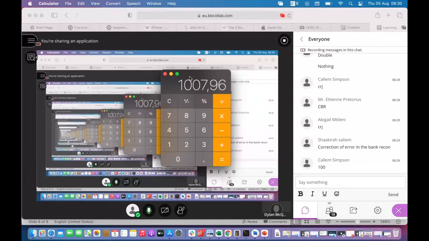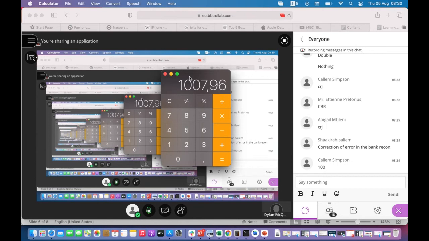And you guys obviously already know what you need to do there. You need to calculate the differences, and then whenever the bank makes a mistake, we know that it's going to be in the bank recon. So you're 100% correct. That's a correction in the bank recon. All right. So now we need to ask ourselves, how much are we going to correct this error by?